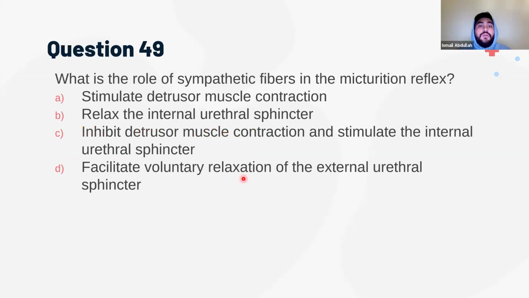Cool. So what is the role of the sympathetic fibers in the micturition reflex? So sympathetic, what do you think?